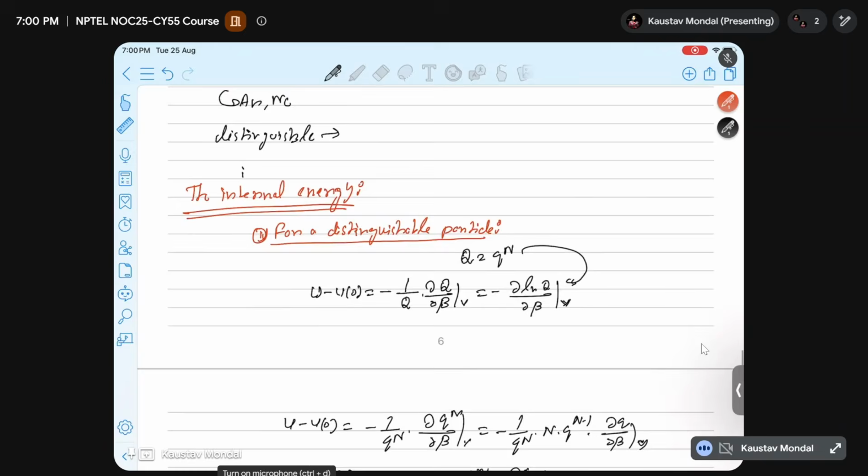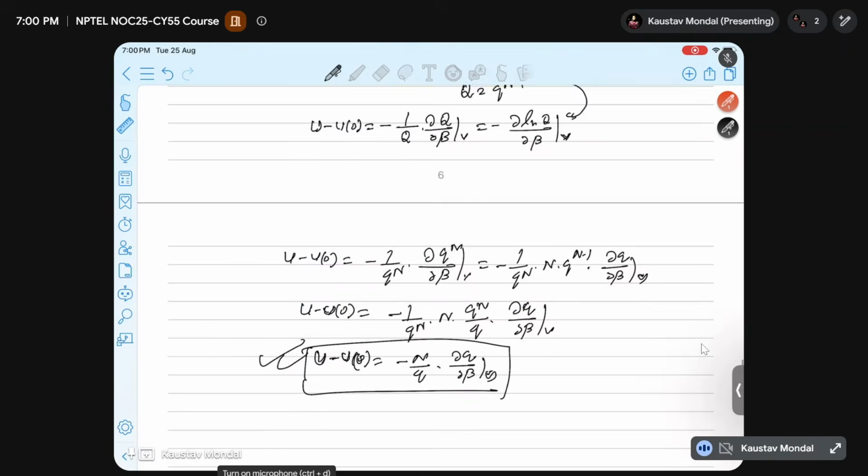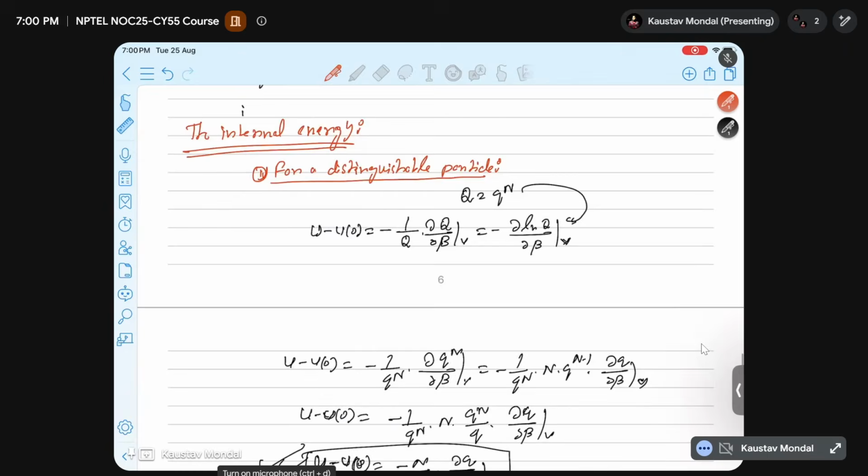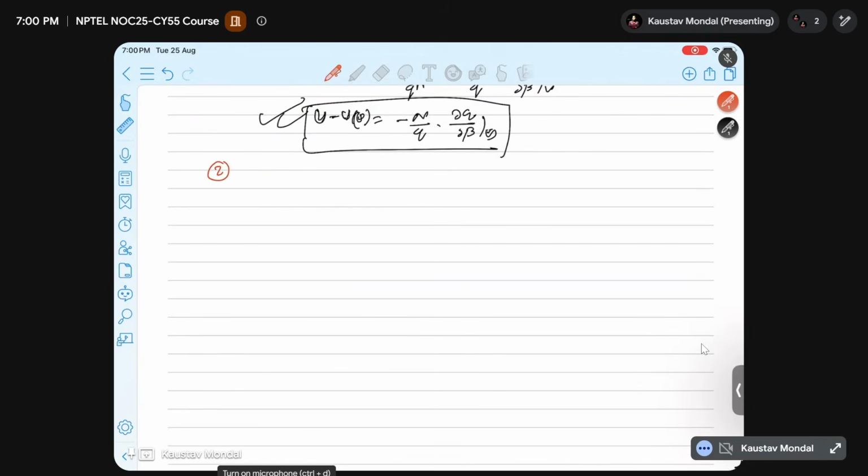Next is for indistinguishable particles.